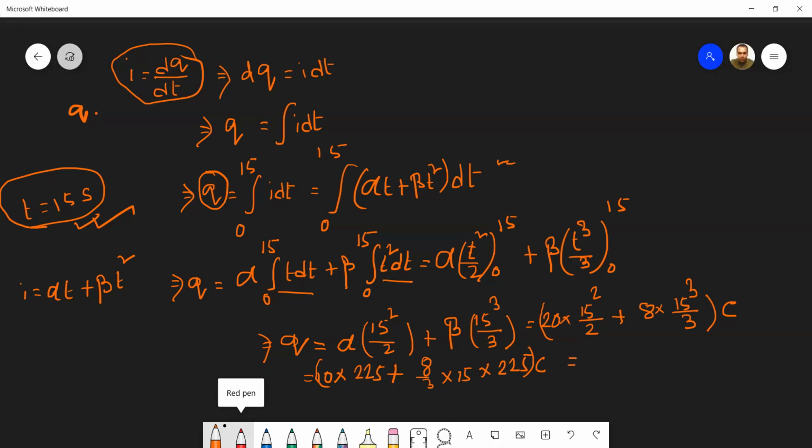You can take 225 common on both sides. So it would be 10 plus 40, which is 50, Coulomb. Now you see this solution has become so simple. If we just multiply 225 by 50, we can calculate the amount of charge.